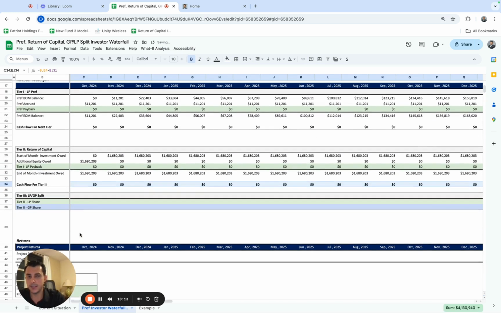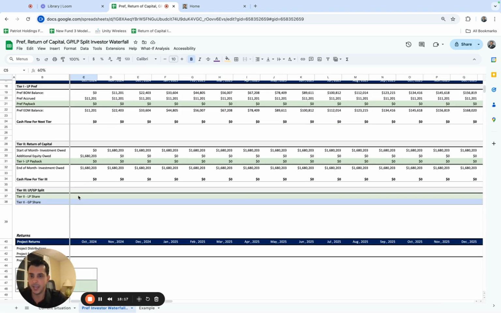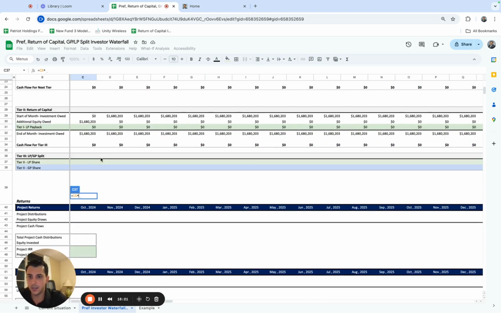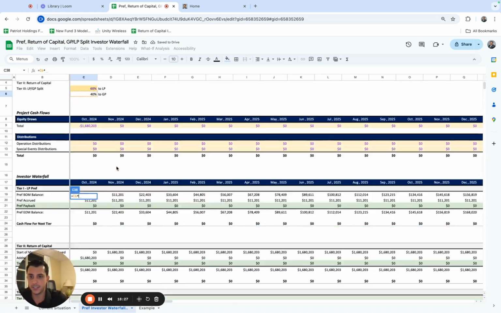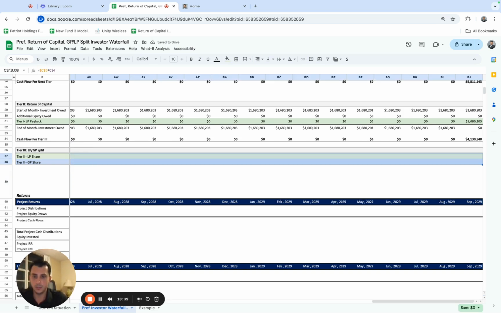Perfect. And last but not least, we have the GP LP split. And in this case, we're going to look over here. So the LP is going to get 60% of this, and the GP is going to get 40% of this as well. And you want to put your little dollar signs here to lock those in, and then drag them across.